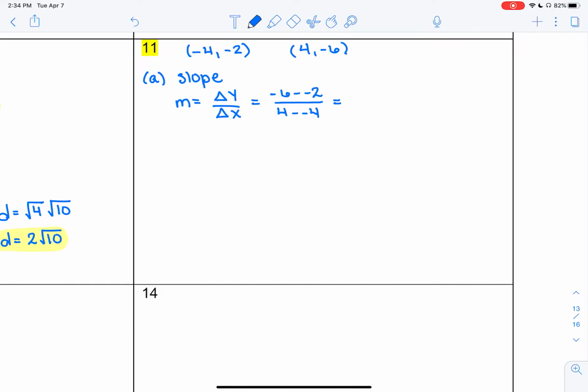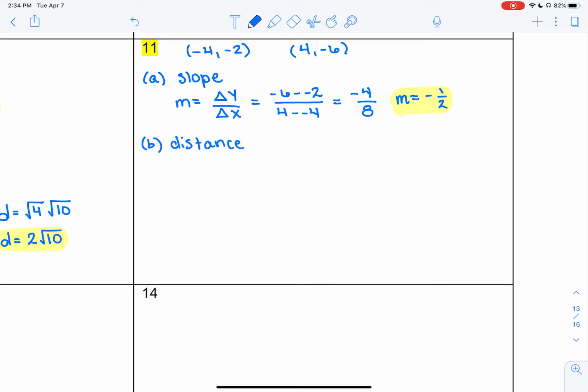When I simplify that, I get negative 6 plus 2, so that would be negative 4, over 4 minus a negative 4, that is 8. So further step of simplifying by 4s, I get negative 1/2 for my slope. Then we're going to go back to part B, which is to find the distance.